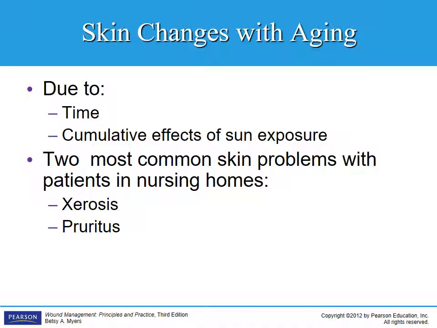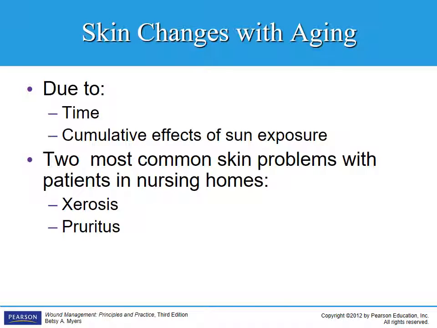But the two most common problems that we see with patients in nursing homes are xerosis and pruritus. Xerosis is dry skin and pruritus is itching. So dry and itchy skin are the two most common skin problems with patients in nursing homes.